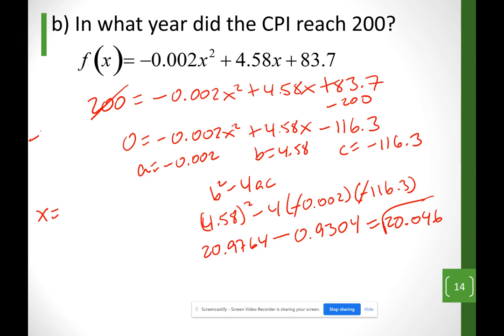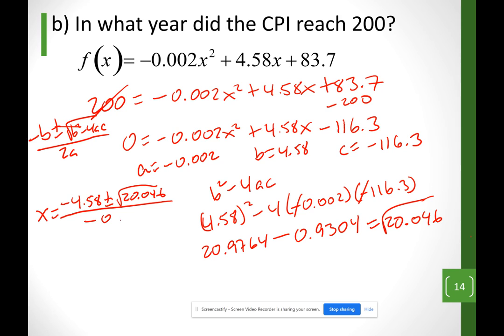Remember, negative b plus or minus the square root of b squared minus 4ac all over 2a. So I'm going to have negative 4.58 plus or minus the square root of 20.046 all over negative 0.004.